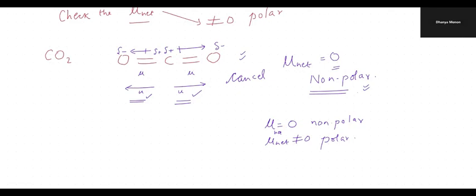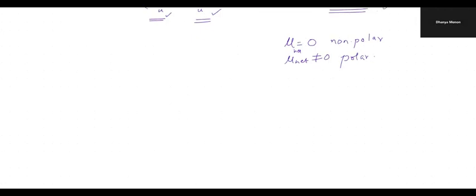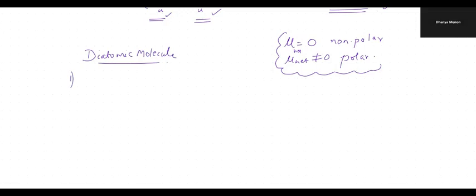Now let's consider some types of molecules. This should be in your mind. Diatomic molecules. First one is homoatomic.